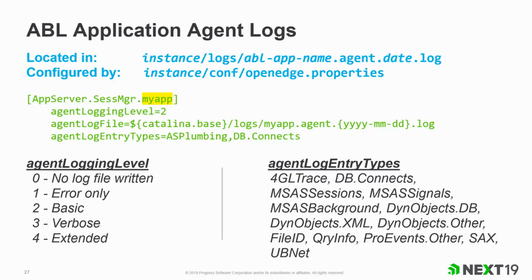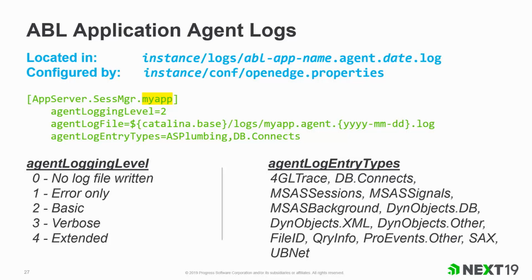Okay, so what about our agent log? I kind of glossed over that. The agent log is configured the way it always has been. All right, so I guess technically there's three properties files. The third property file would be your OpenEdge.properties. So in OpenEdge.properties, if you're looking to configure the agent logging, you look for a section called appserver.sessionmanager and the name of your ABL app.